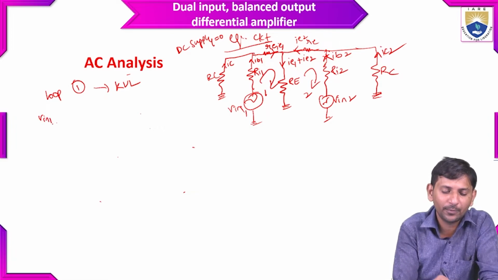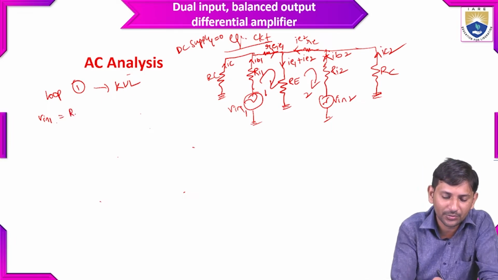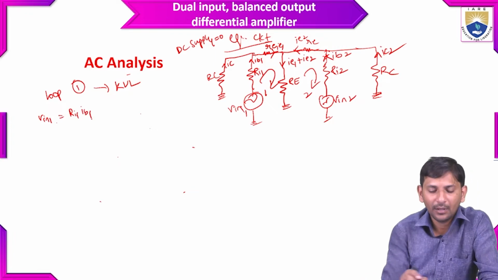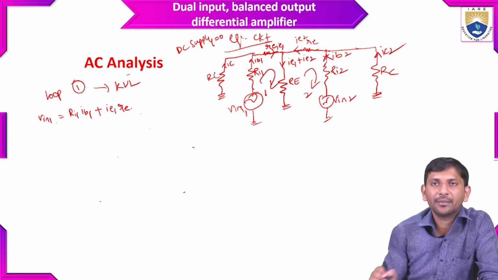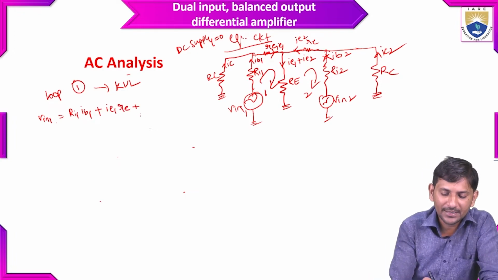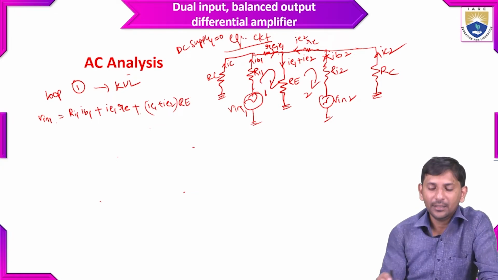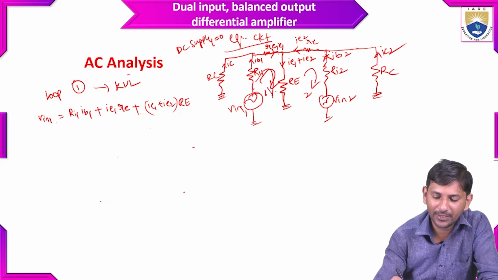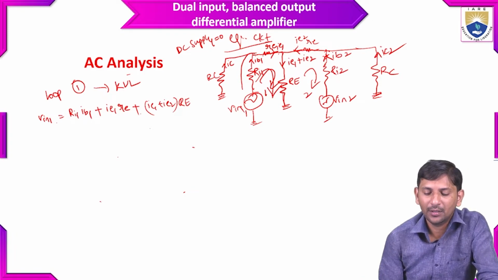V in 1 is equal to the leaving voltages: Ri1 into Ib1, plus IE1 into RE, the dynamic resistance across the emitter, then plus (IE1 plus IE2) into RE. So this is loop 1, where from here the input voltage V in 1 is applied and is equal to the leaving voltages, which go from the base to the RE.